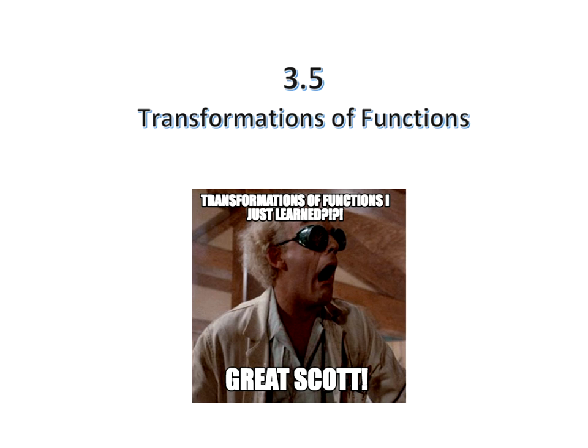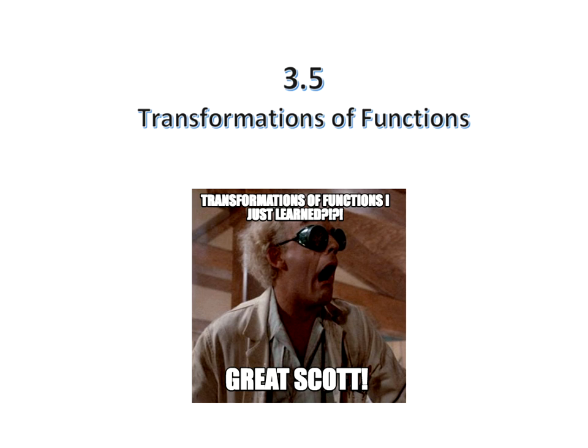So let's go ahead and look. What this section does is it takes those toolkit functions and says, if you know the basic shape of all these functions, you can transform them with different transformations.